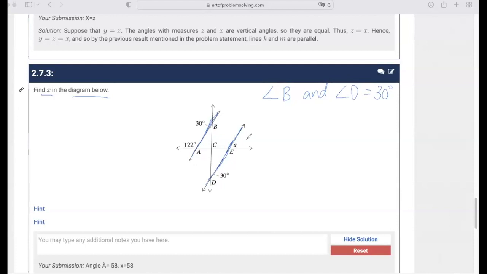Okay, then the next step to find X. Ceci, do you want to try? What's the next step to find X?